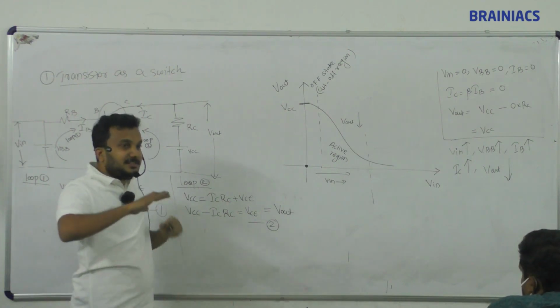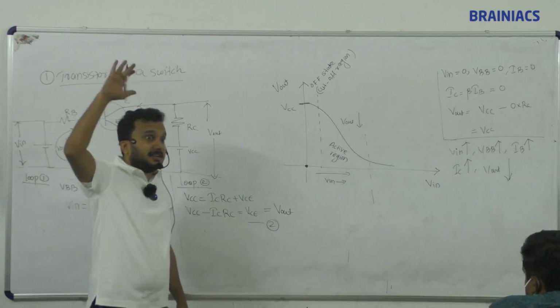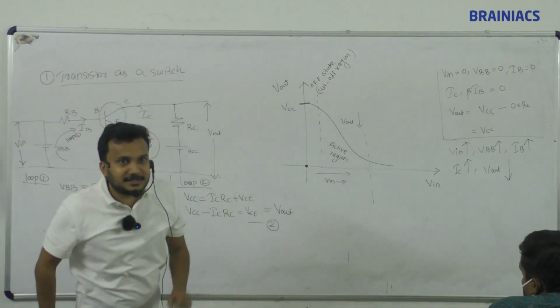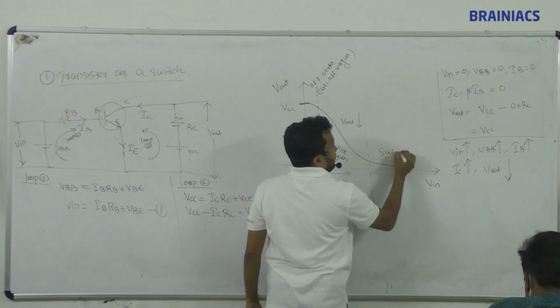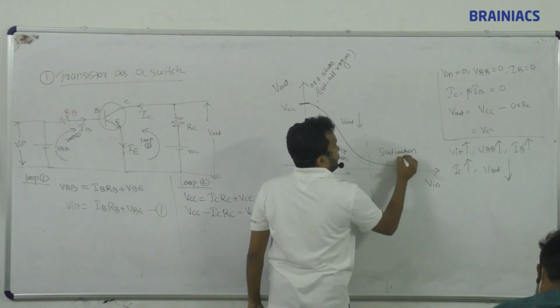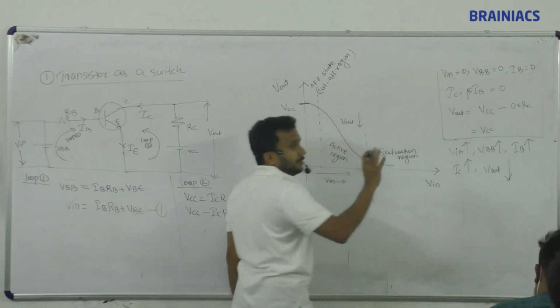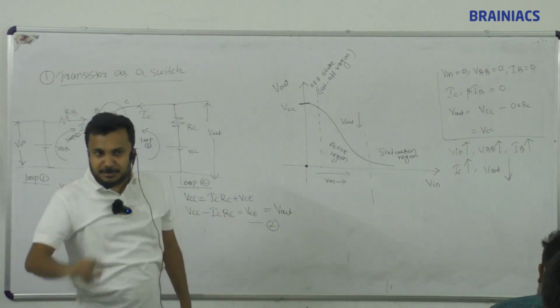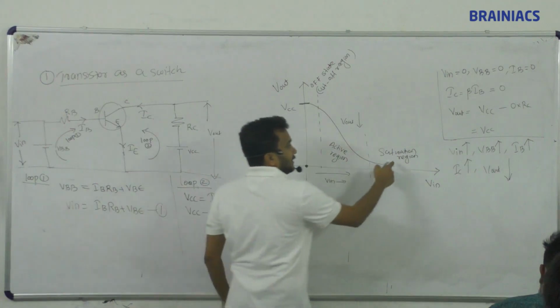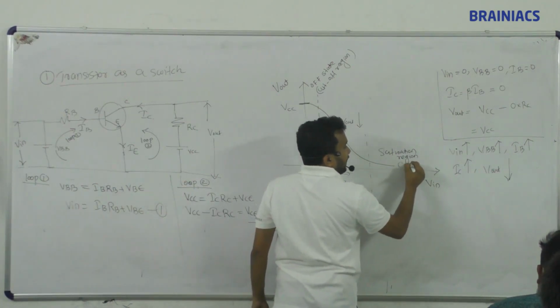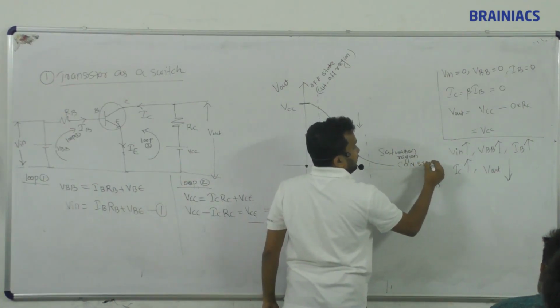The transistor is fully on when IB is maximum. What is that called? Saturation. So this area is called the saturation region. This is the maximum a transistor can do. Beyond that it cannot do anything. This is called the saturation region, and this is called the on state.